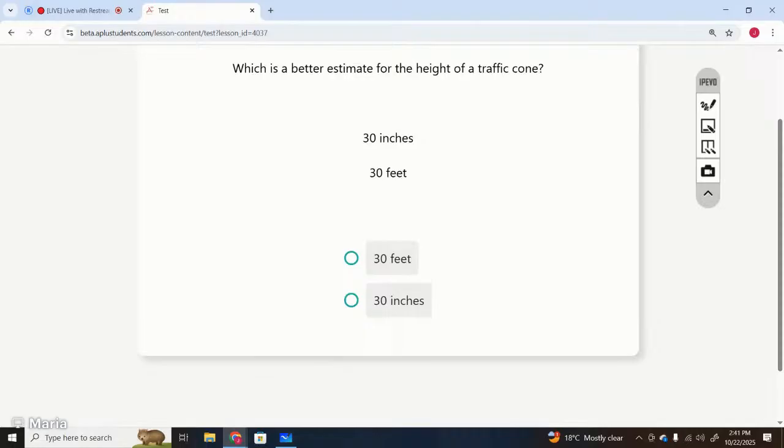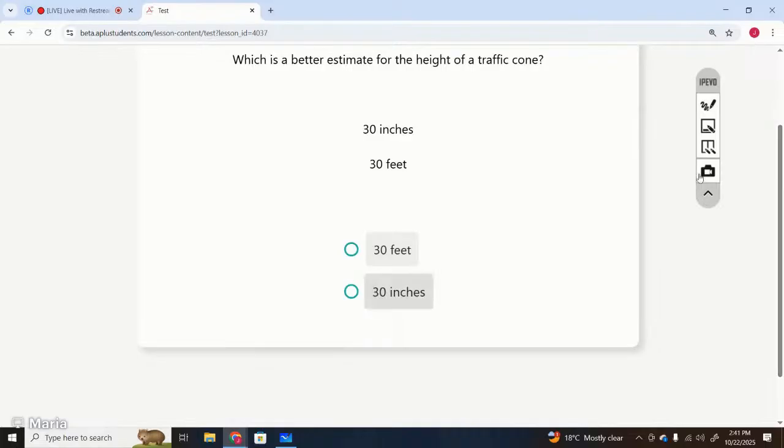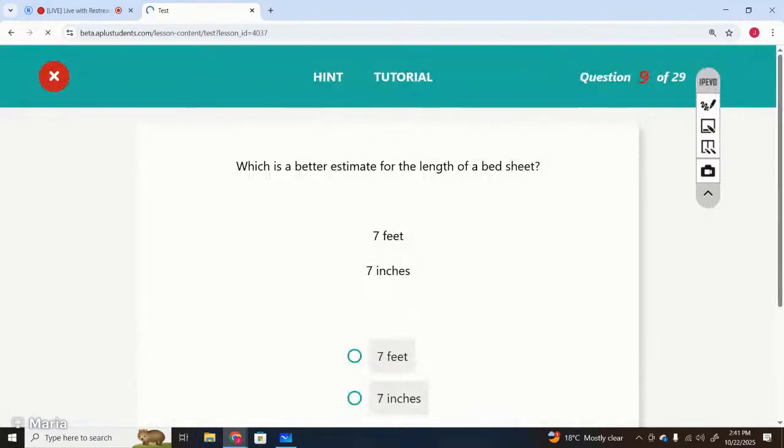Which is a better estimate for the height of a traffic cone? So it would be 30 inches. 30 feet is too long. Okay, you can complete the lesson.